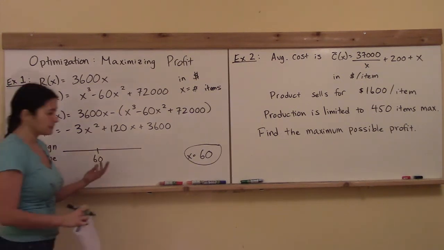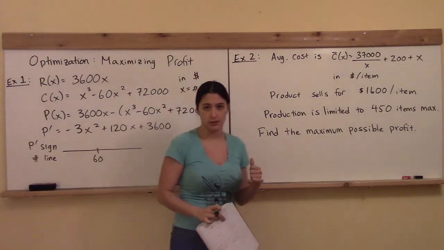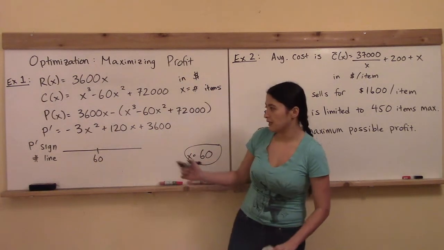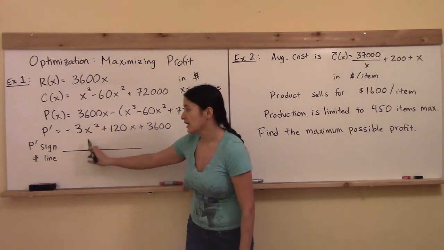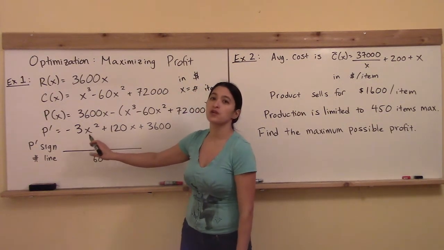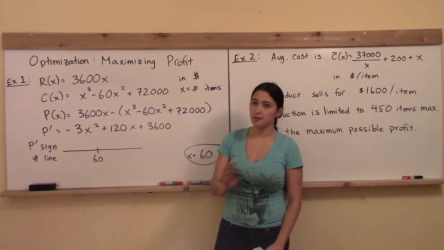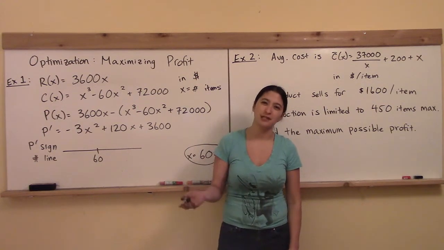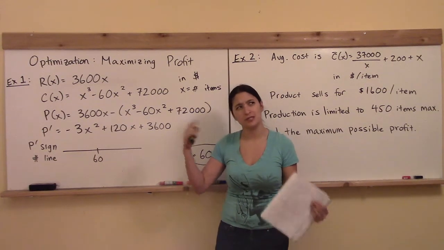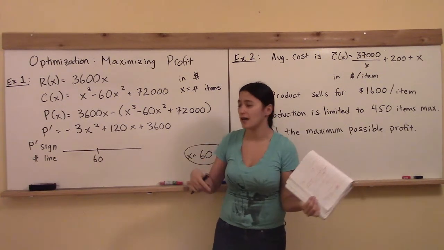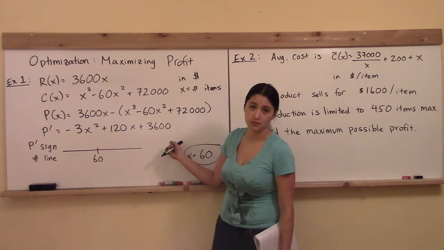Okay, so that means I'm going to take off x equals 60 because that's my critical point that I found. And when I use test points, I need to plug each one of my test points into p prime, the original p prime. Not the p prime that I divided by negative 3. You know why? Because I divided that by negative 3, so technically that would have the opposite sign of what the sign I'm actually looking for has.